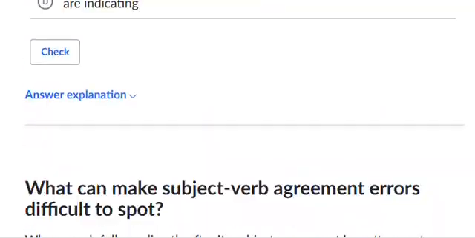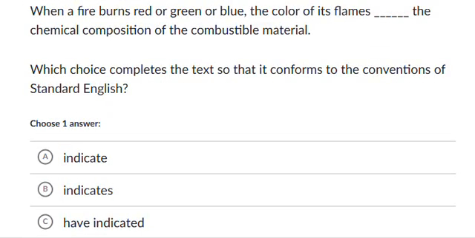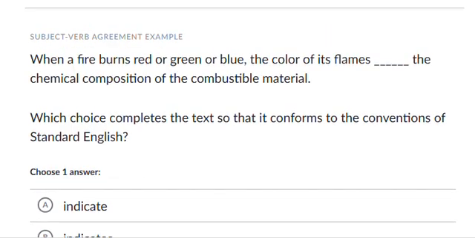For instance, let's solve this one. "When a fire burns red or green or blue, the color of its flame indicates the chemical composition." Here, when a fire, it's talking about a fire. So fire is the subject, and it's singular.